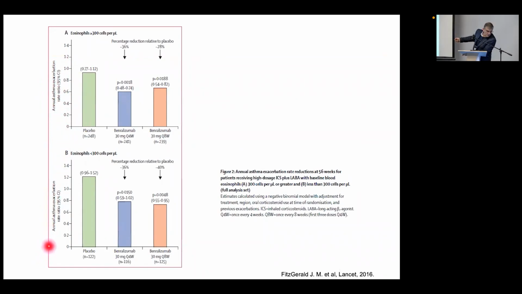This is for the patients with eosinophilic asthma. So you have a decrease by 28%, and those with less than 300 eosinophils, a decrease by 36% and 40%. So it's very similar. The difference with benralizumab is it's every 2 months as compared to Nucala, which is every month.